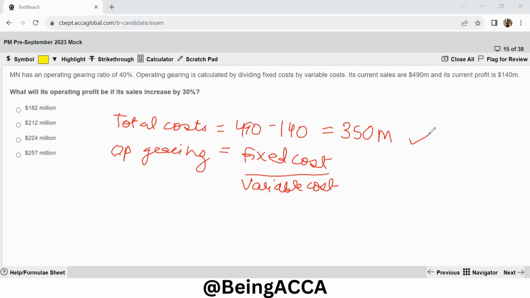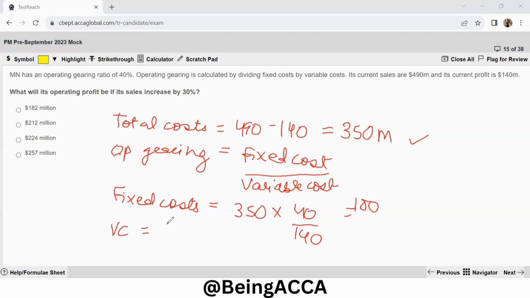So if I want to calculate my fixed costs, fixed costs will be 350, which is the total, multiplied by 40 divided by 140, because if 40 are my fixed costs, the total costs are fixed plus variable, so I am dividing this by 140. Solving this equation, I get my fixed cost as 100, and then I find out my variable cost.